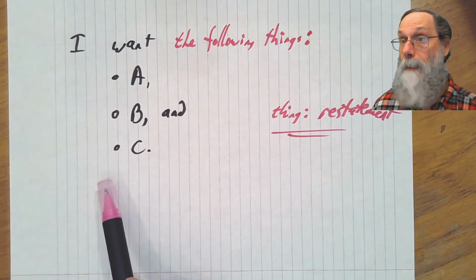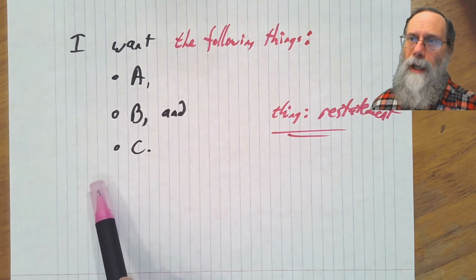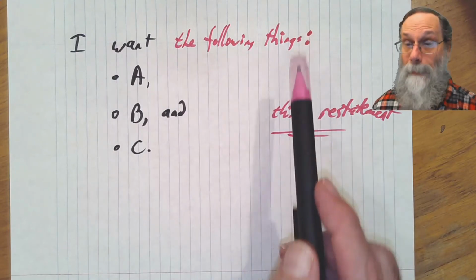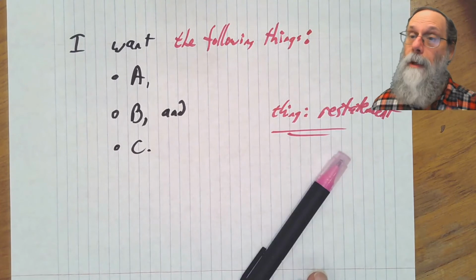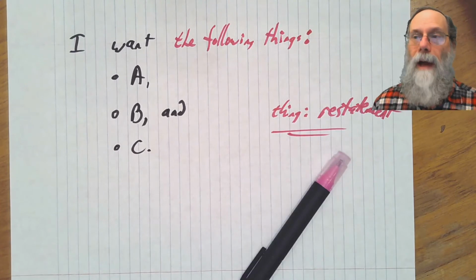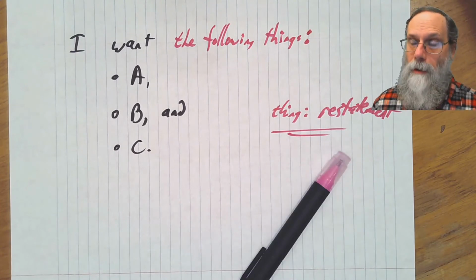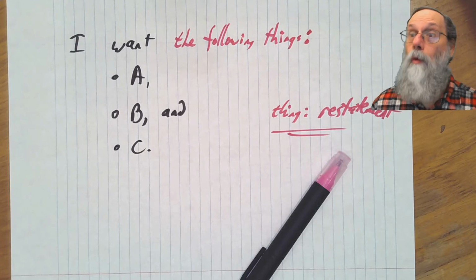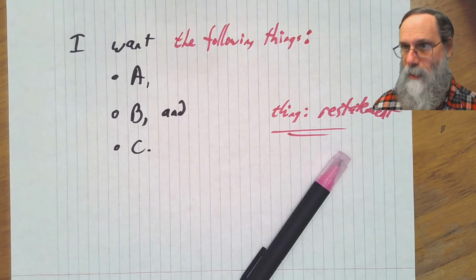If you have a bulleted list of paragraphs, then you might want to have the colon with "I want the following things," colon, and a paragraph for each bullet, because it is acceptable after a colon for the restatement to be full sentences, even full paragraphs, rather than parts of the same sentence.